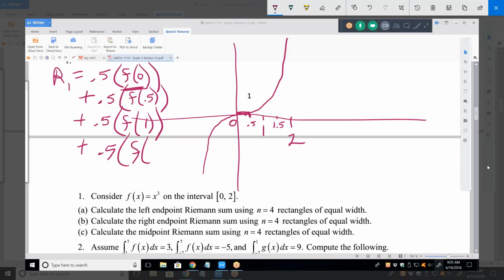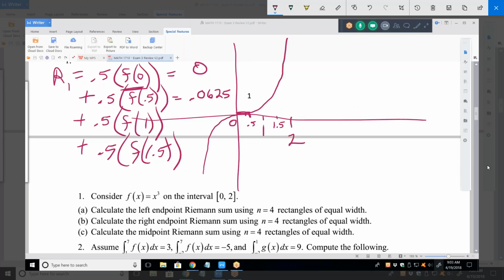What's this one? f of 2? Nope, it's left hand. Well, yeah, 1.5. Okay, so it's easy enough to evaluate. You figured out that that was 0. So that's 0. This is 0.5 cubed, which is 0.125, times 0.5 is 0.0625, I believe.